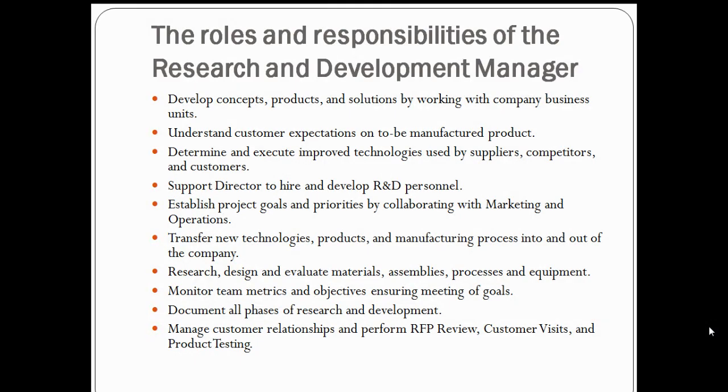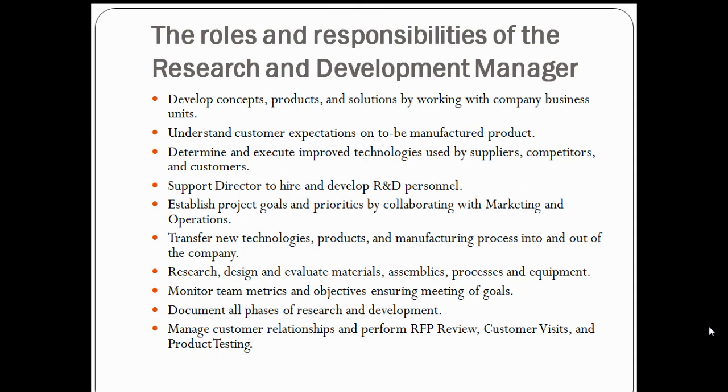Then establish the new project goals and priorities by collaborating with marketing and operations. After establishing the project goals, the different priorities have to be listed out. Then transfer new technologies, products, and manufacturing processes into and out of the company.